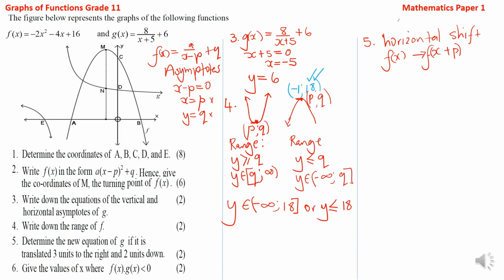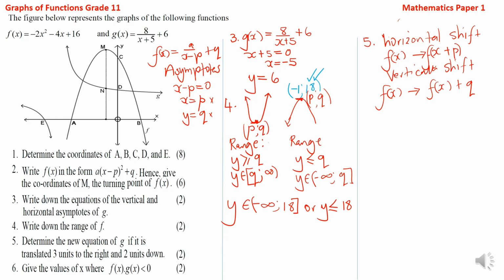Then if a graph is shifted vertically, that means the graph is going up or down. Vertical shifting, our equation changes in the following way. f of x will become f of x plus q, where q is the number of units by which we are shifting the graph.